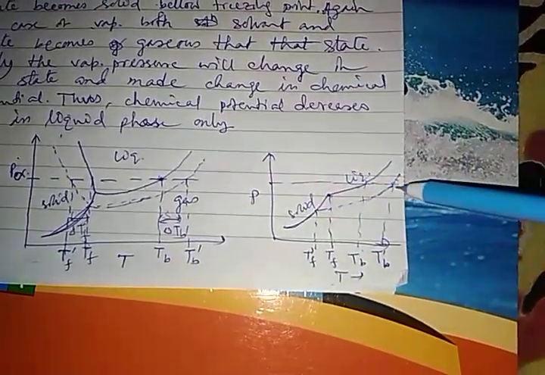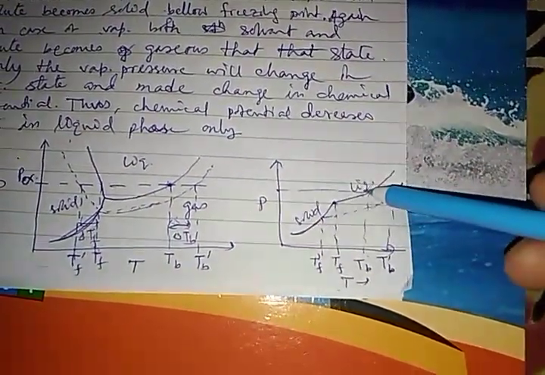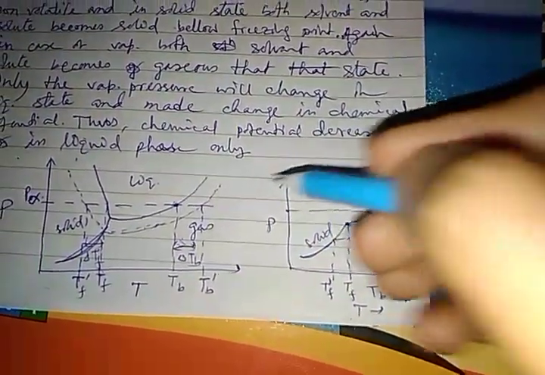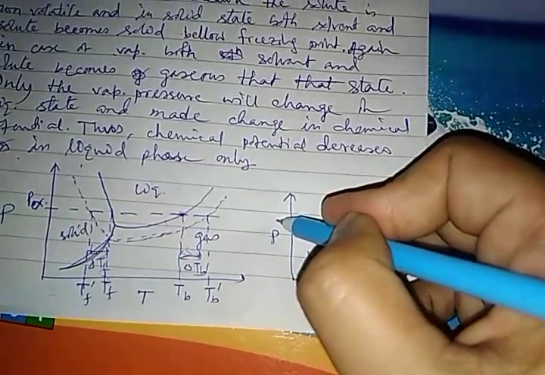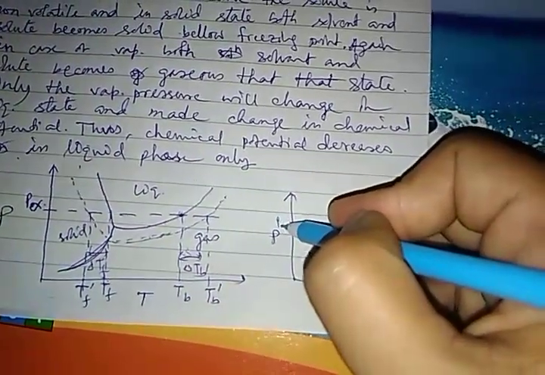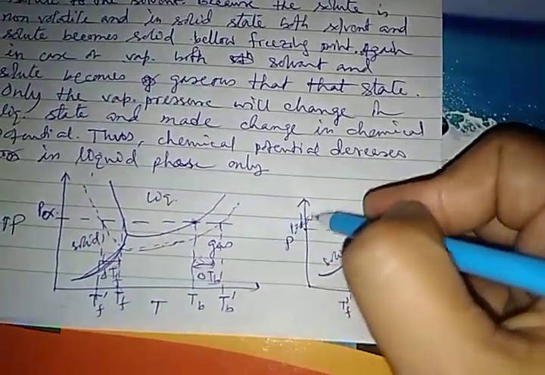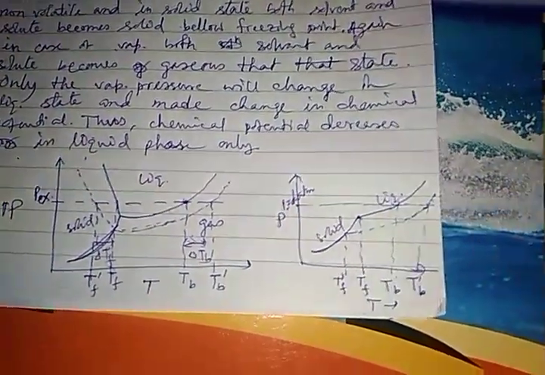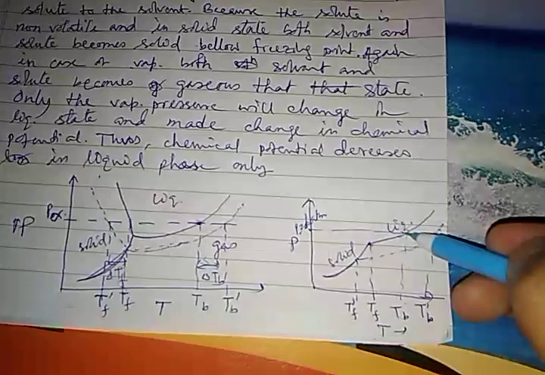But the boiling point definition is that the vapor pressure of the liquid will be equal to the external vapor pressure of the environment, P equal to 1 atm, let's say. Then this will be the 1 atm line; this is for solution, and this will be for my solvent.